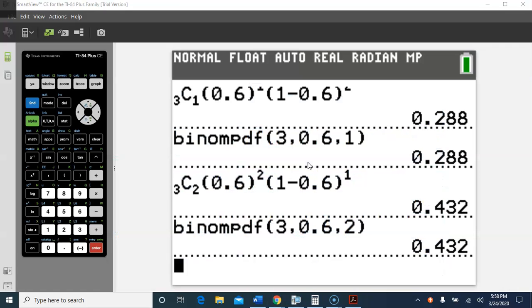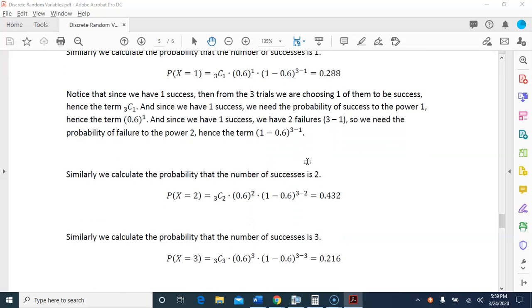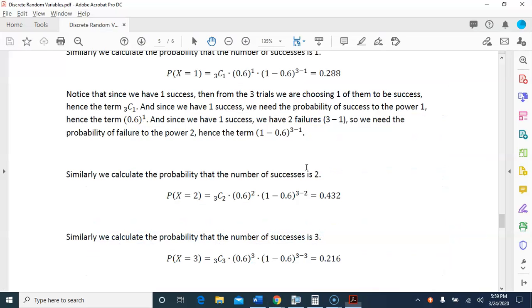And then just to round this out, find the probability of 3 successes. On the table, the probability of 3 successes is this 0.216 number. So you see I have that there.